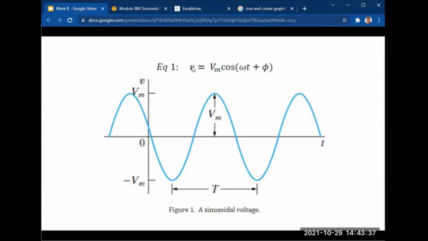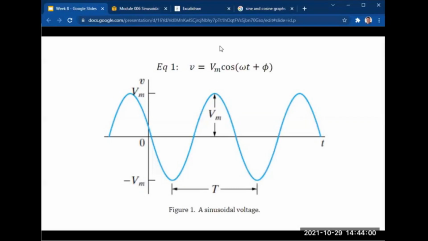Again, V is the instantaneous voltage, the blue line. The value of V depends on time, so there will be times that the value of V is very high, times that the value of V is 0, and times that the value of V is negative, depending on what time instance we are talking about.